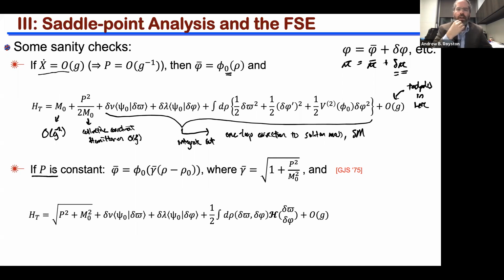If we analyze the equations of motion in this curly phi sector under the assumption that P, the soliton momentum, is constant, then we can actually solve those equations. This was done by Gervais-Jevicki and Sakita, whose formalism we've been following, in their original paper. It's not surprising that this should be a solution.